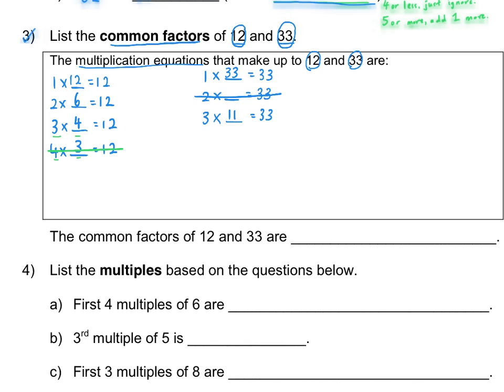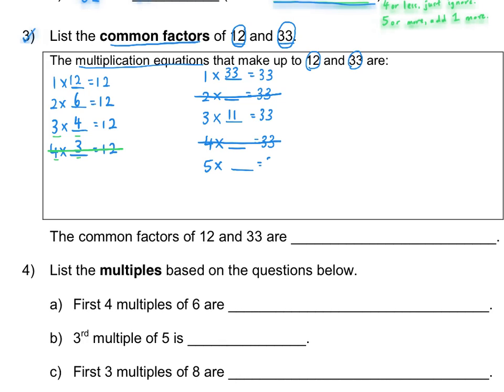Okay, so let's continue. 4 times what gives 33? 4, 8, 12, 16, 20, 24, 28, 32, 36. So from 32 it skips to 36. Is there an answer? No, there isn't. We cancel.